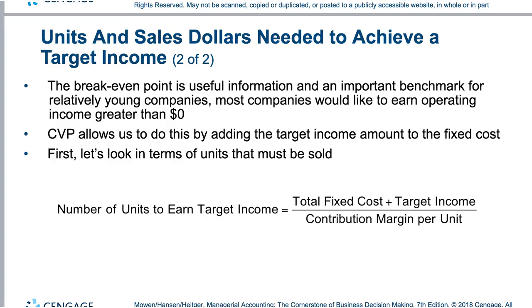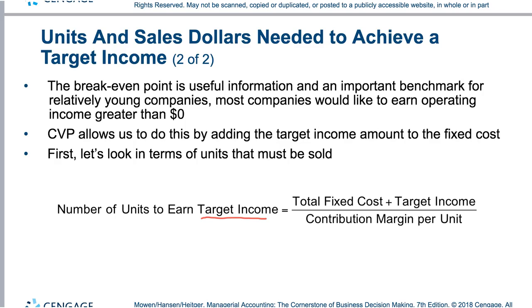So obviously nobody actually wants to make a zero profit except for young companies that are looking forward to that day when their profit is not negative, right? And so what we do, to get to a particular target income, we just change one little element of our equation.